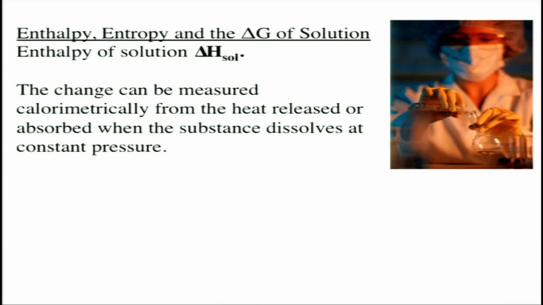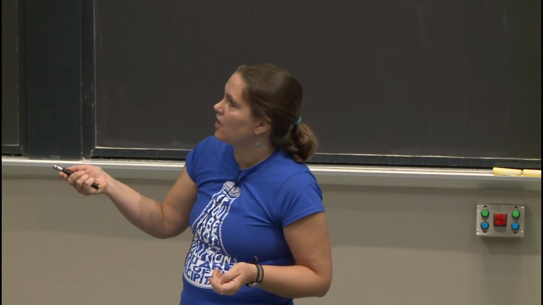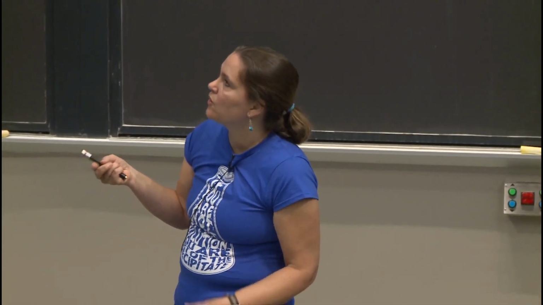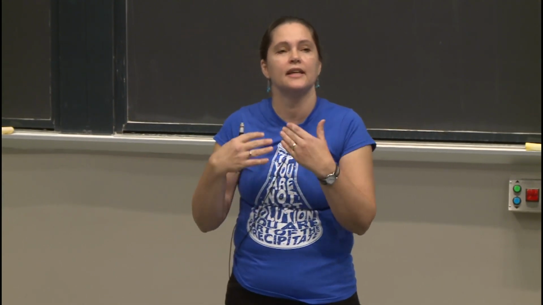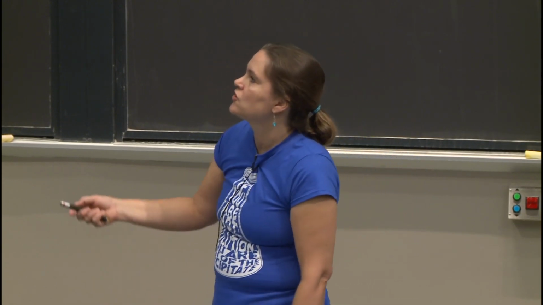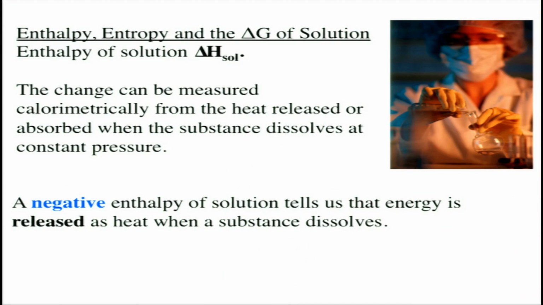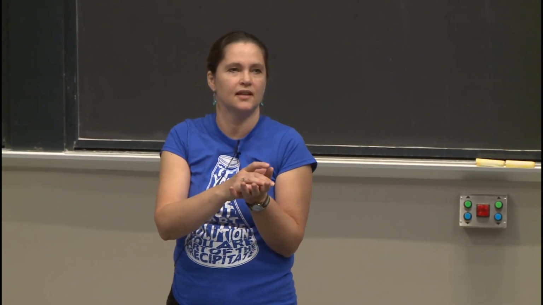Okay, so delta H of solution can be measured. You can measure it from heat released when something dissolves, or by the heat absorbed, at constant pressure. And so the sign of delta H sol will tell you whether heat is released or heat is required when something dissolves. A negative enthalpy of solution tells us that heat is released when something dissolves. And many of you may have just experienced this if you're mixing something together and you're holding the container and all of a sudden it heats up.